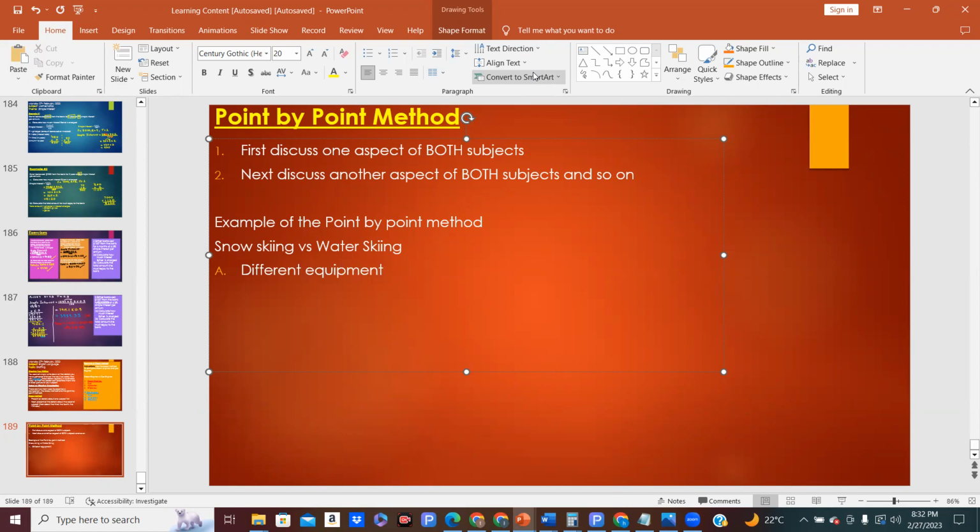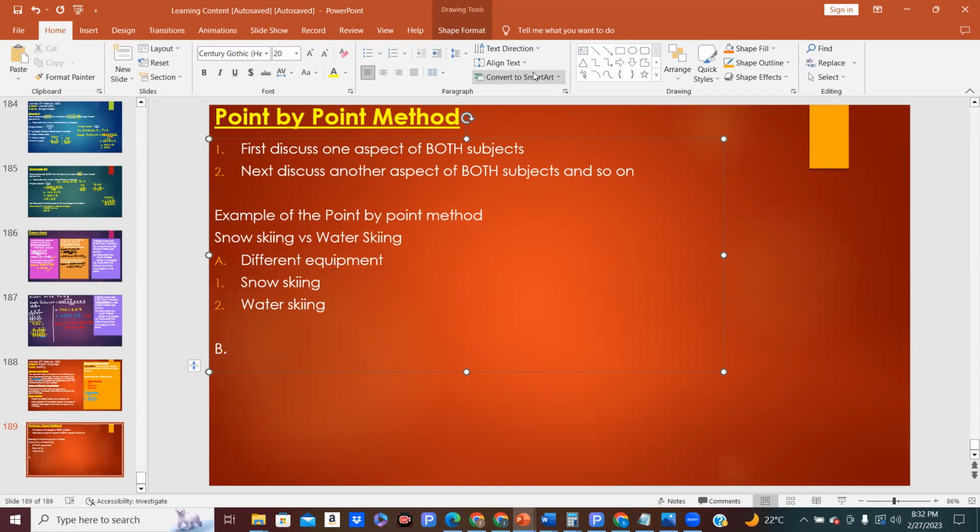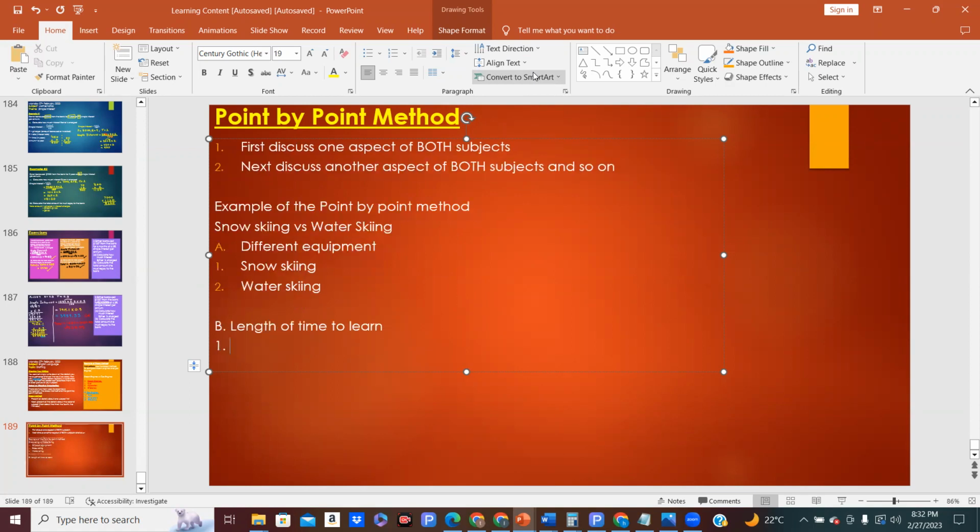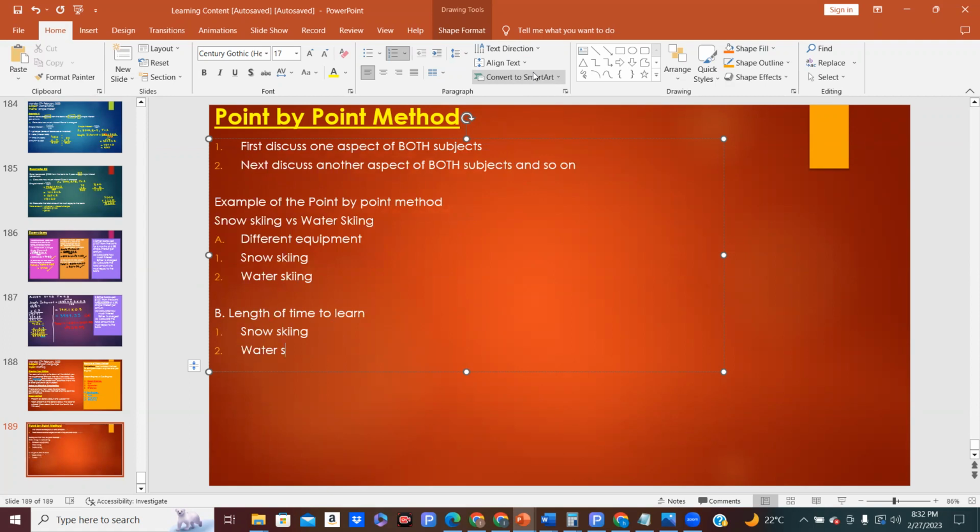You talk about the different equipment that you need for snow skiing, and you talk about the different equipment you need for water skiing. And then you move on to B, where you talk about the length of time to learn. You could talk about the length of time to learn for snow skiing, and you could talk about the length of time to learn for water skiing, all in the same thing. Okay.